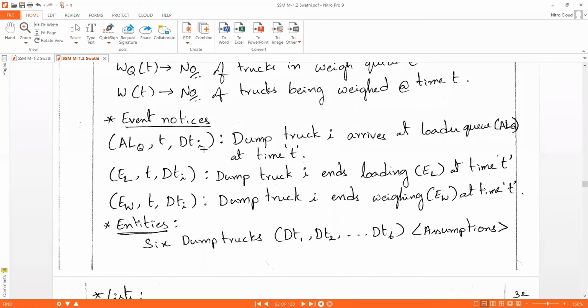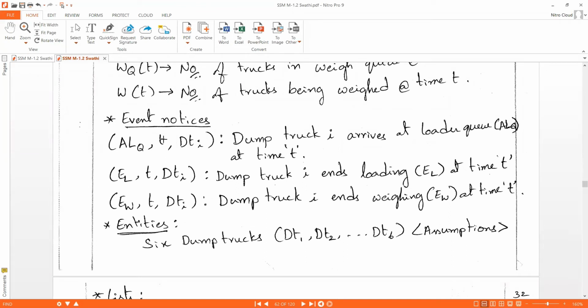Next, event notices will have components like this: ALQ, comma T, comma DTI. DTI represents the dump truck number. ALQ is nothing but arrival at loading queue. The dump truck I arriving at the loader queue at time T will be represented like this: ALQ, comma T, comma DTI.